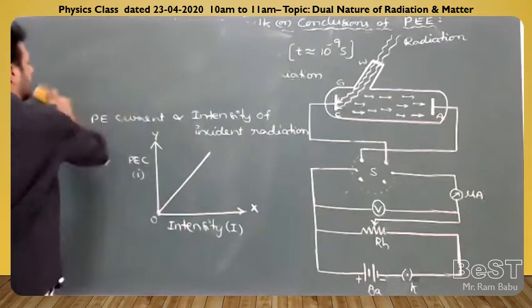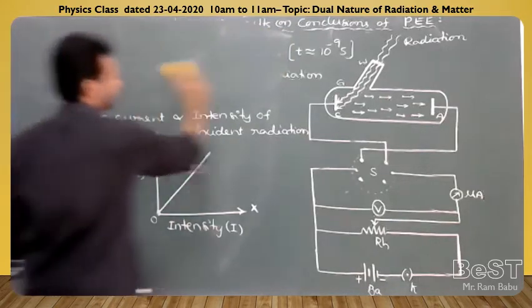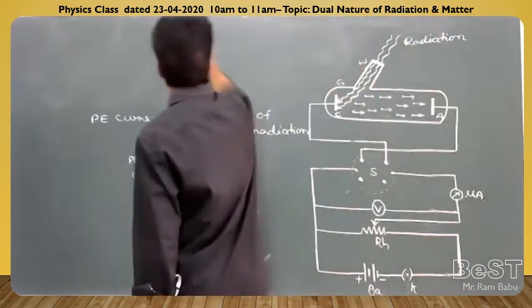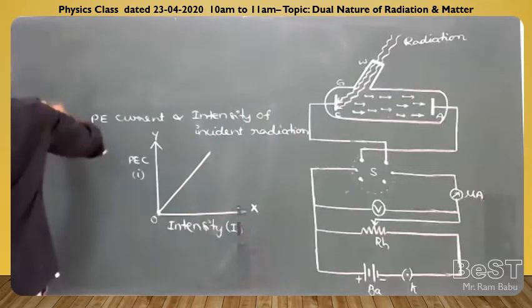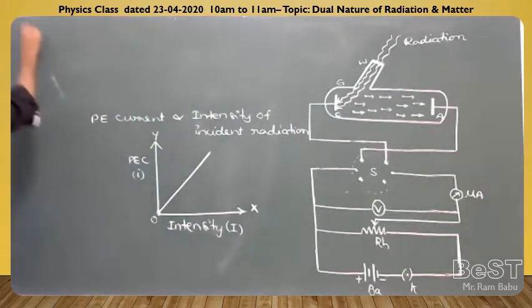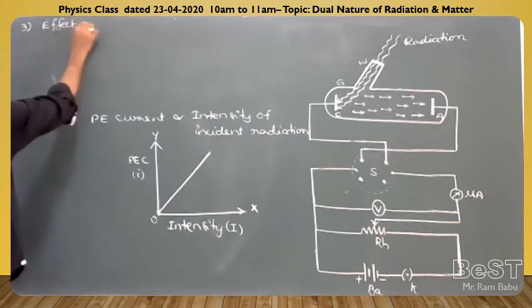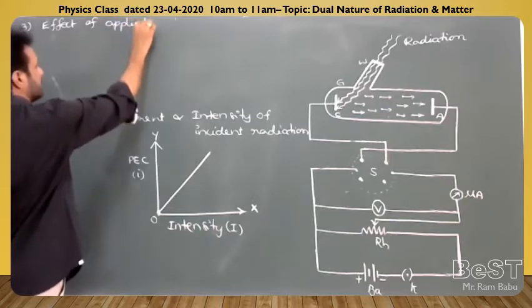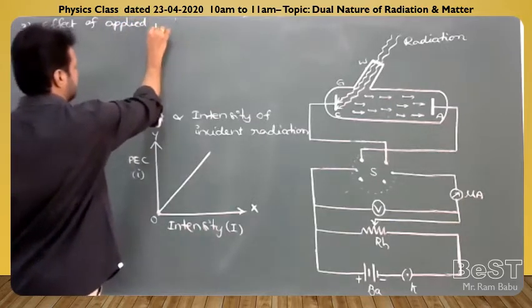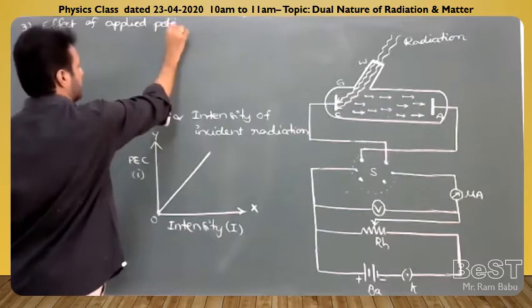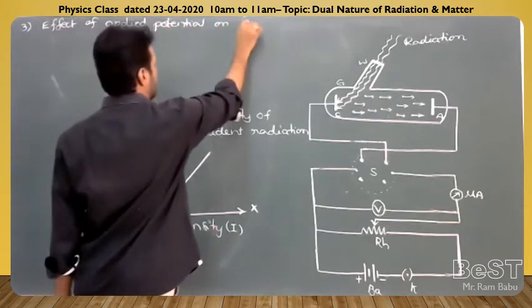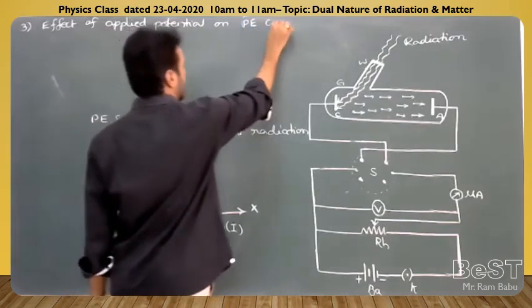Effect of applied voltage. Third observation: effect of the applied voltage, or applied potential, on photoelectric current.